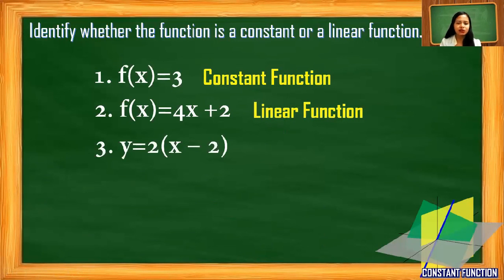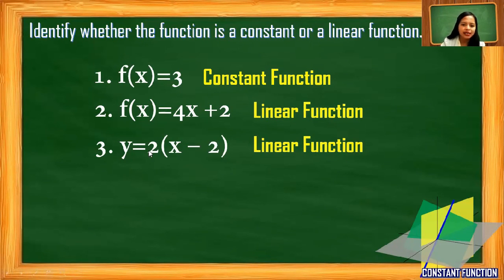Another one is y is equal to 2(x minus 2). Yes, that is a linear function because we are going to distribute this 2 in every term here in our parentheses. So we will have y is equal to 2x minus 4. Another one. y is equal to 4.